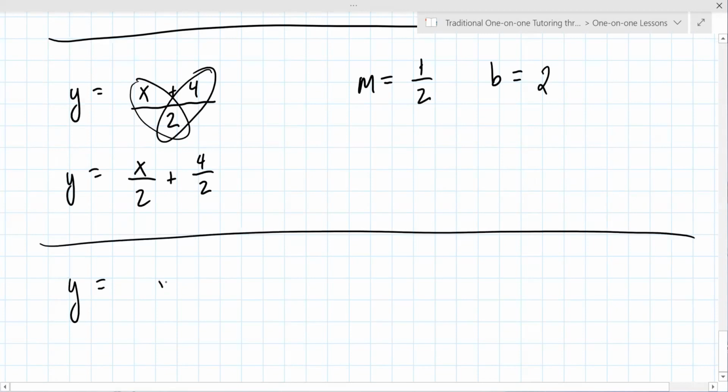Let's try another one. y equals x minus 3 divided by 6. What is m and what is b?